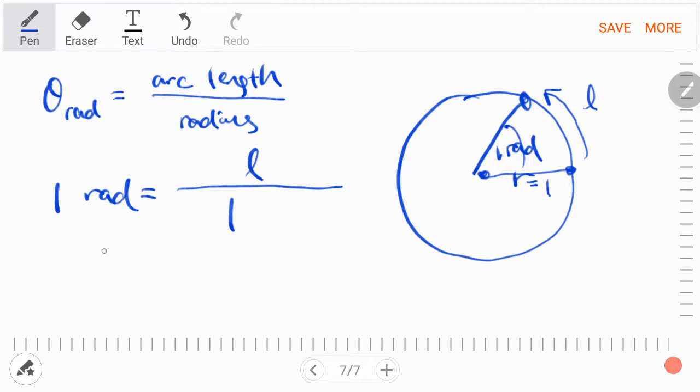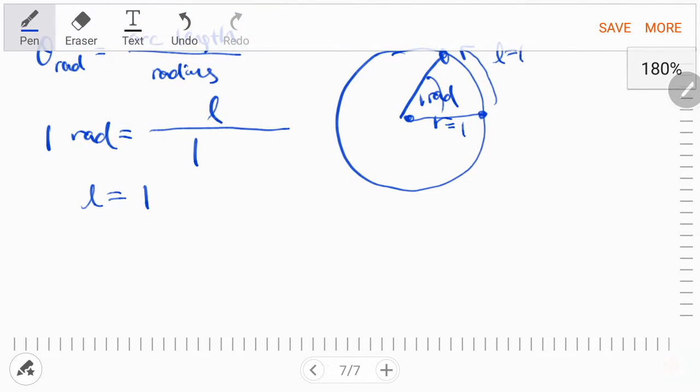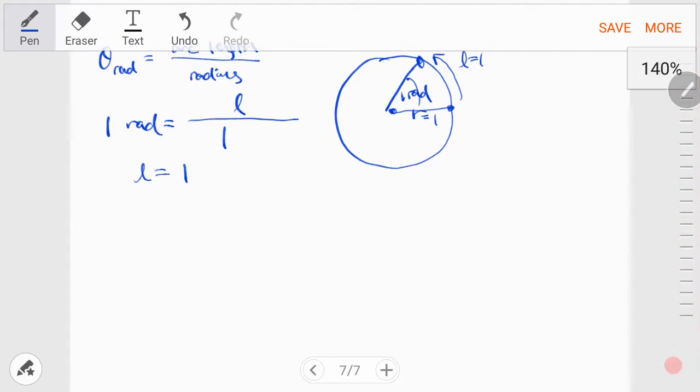So my L is just equal to 1, and that makes sense because that was the definition of radian. I need to walk a distance that is the same as my radius so that I can make this 1 radian. Okay, so what does all this mean? I'm going to zoom out a little bit so I can have more space.